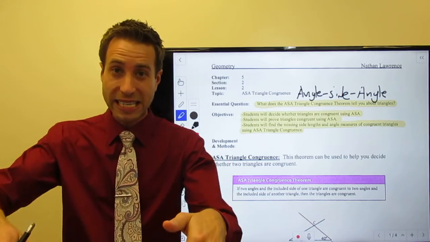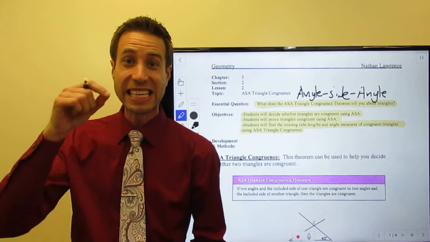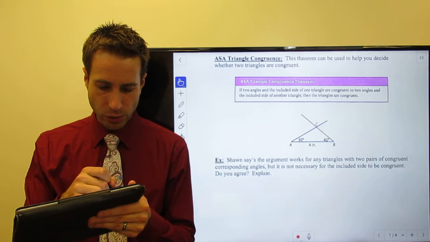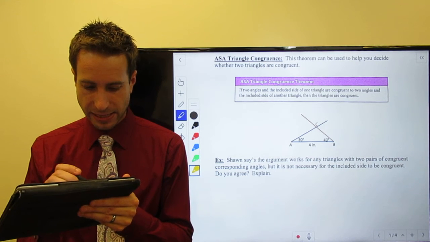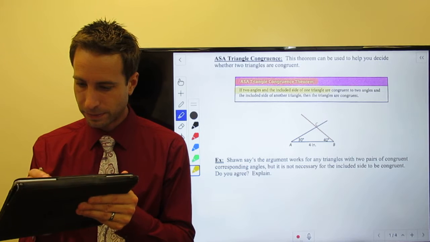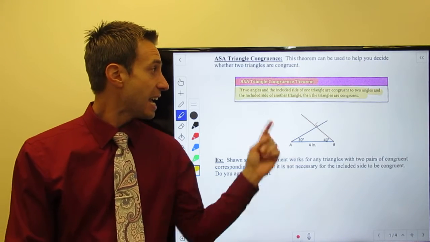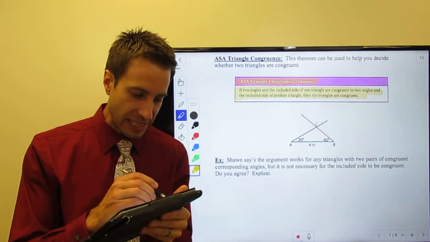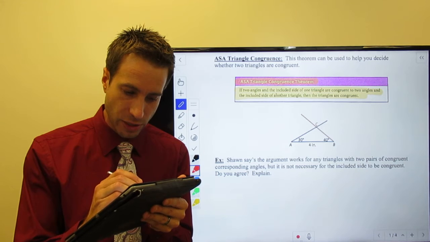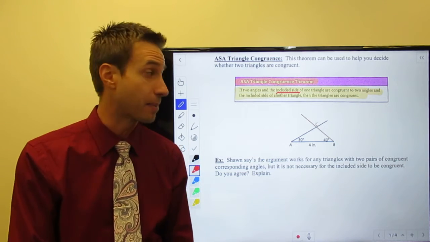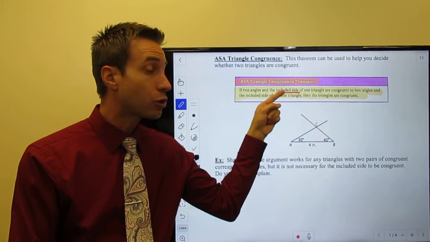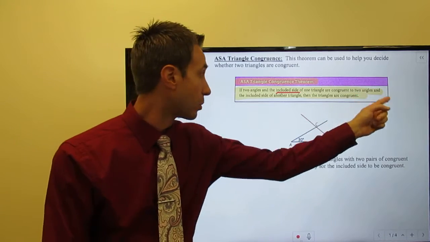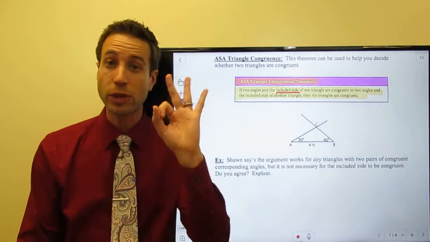Let's jump right in and show you what the angle-side-angle triangle congruence theorem is. Here it is in a nutshell. It simply says this: if two angles and the included side of one triangle are congruent to two angles and the included side of another triangle, that's only 3 things, guys.